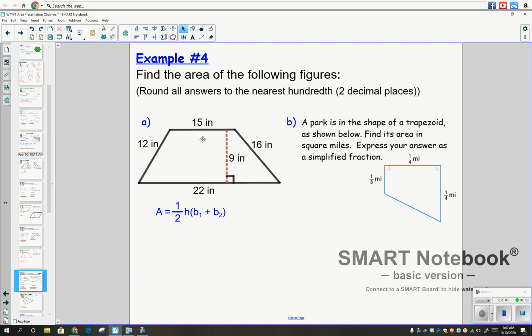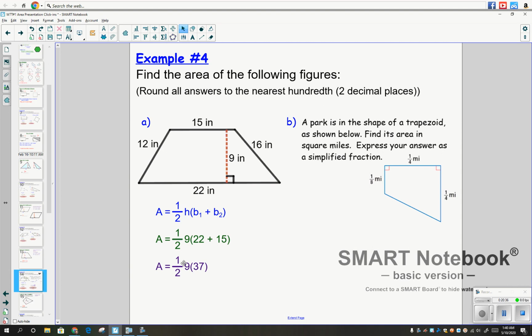And the two bases in a trapezoid are going to be the two parallel sides, which are 15 and 22. Now, it doesn't really matter which one I call base 1 or base 2. So I'm going to take 1/2 times the height, which is 9, times the two bases added together, 22 plus 15.